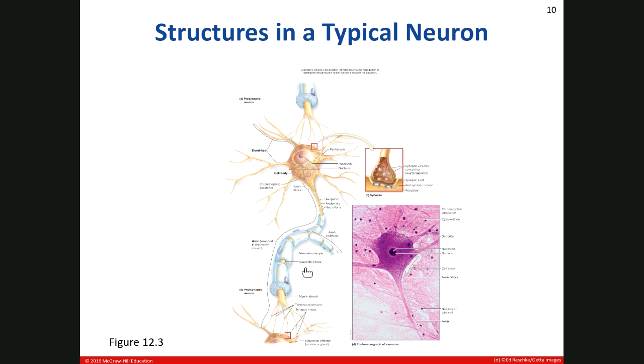All right, and then we get all the way down to this end, to the terminal end, and we have these little bulbs here, and those are your synaptic knobs. And inside the synaptic knob, okay, you have these little bubbles. Okay, those are called synaptic vesicles, and they're filled with neurotransmitter. Okay, norepinephrine, epinephrine, serotonin.